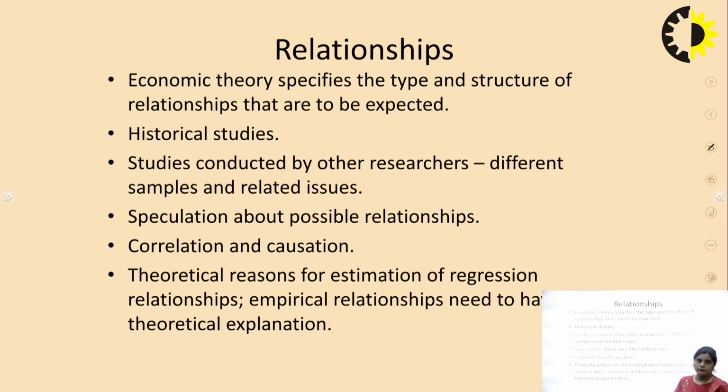For example, if we take a data sample from one college, and a second data sample from another college, then in these two data sets there are some parameters which are related to one another. These kinds of issues, studies by other researchers, or different samples are basically used to define the relationship between the variables.